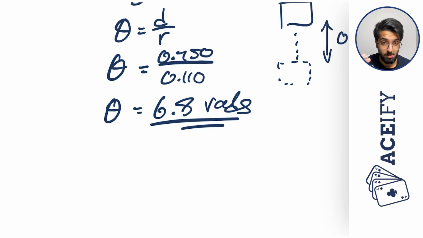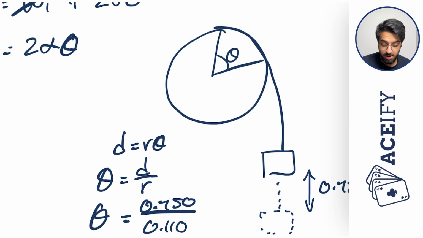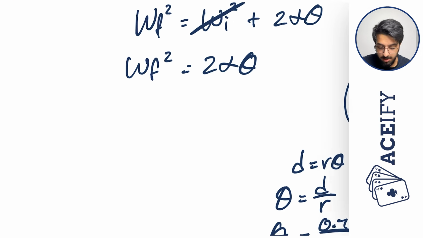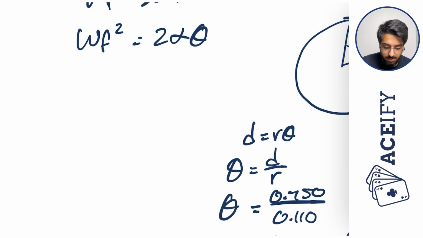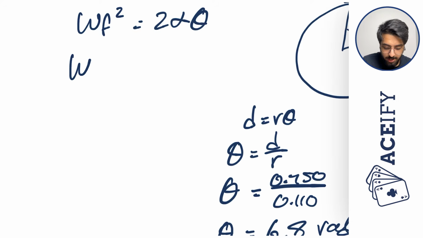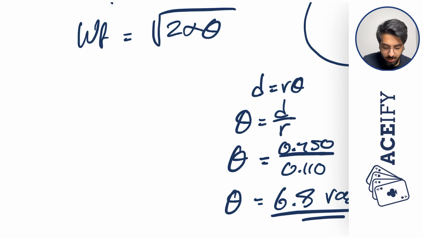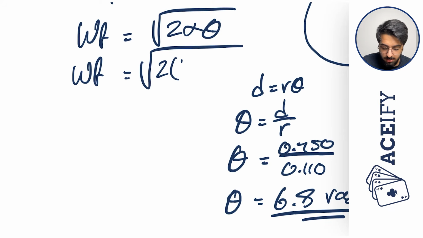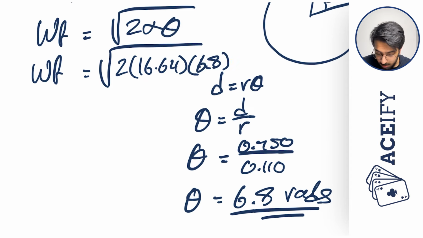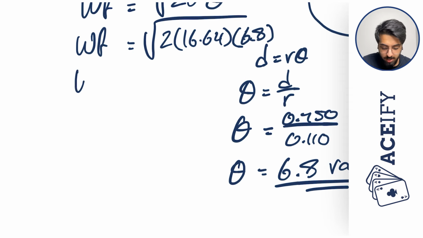So that's more than one full rotation, so this diagram is wildly inaccurate. But anyway, we can sub in our numbers, and our final angular velocity is equal to the square root of 2 alpha theta, which is the square root of 2 times 16.64 times 6.8, running out of space, and therefore our final angular velocity is equal to 15.1 radians per second.